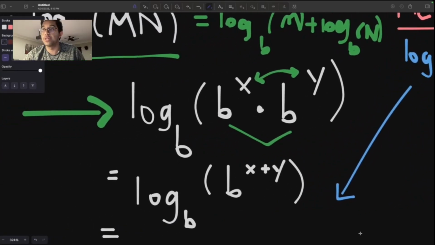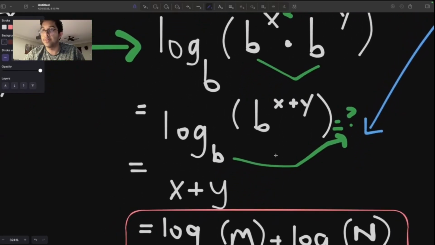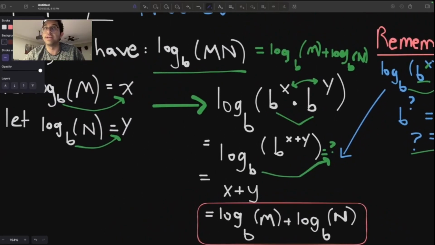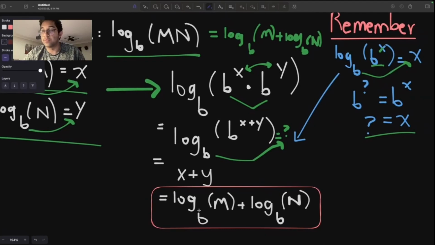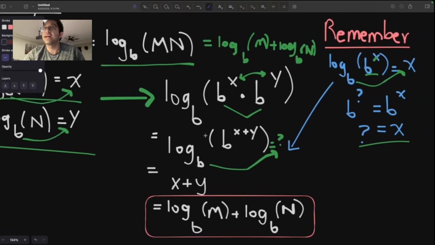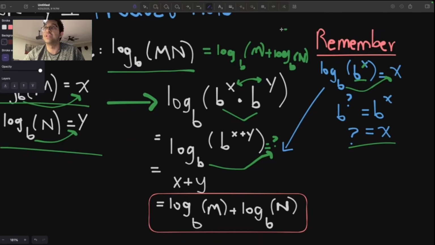So b to the power of something equals b to the power of x plus y, and that something is x plus y. Then we plug in what we defined: log base b of m equals x, log base b of n equals y, and we get log base b of m plus log base b of n, which is exactly what the product rule hoped to achieve.